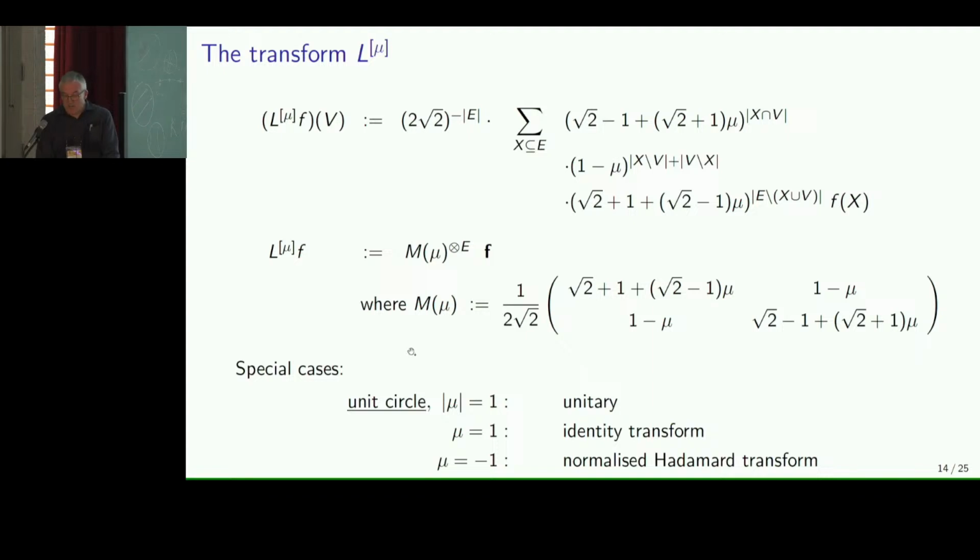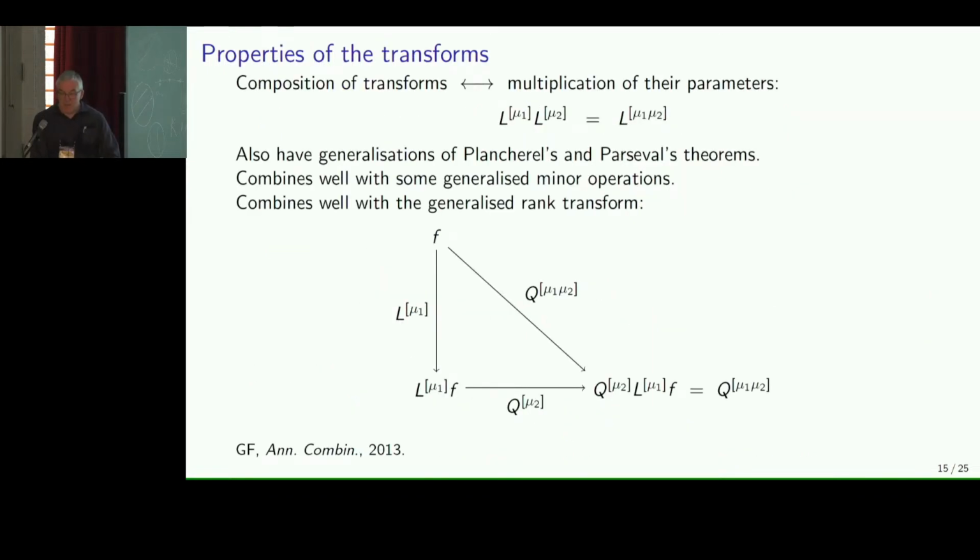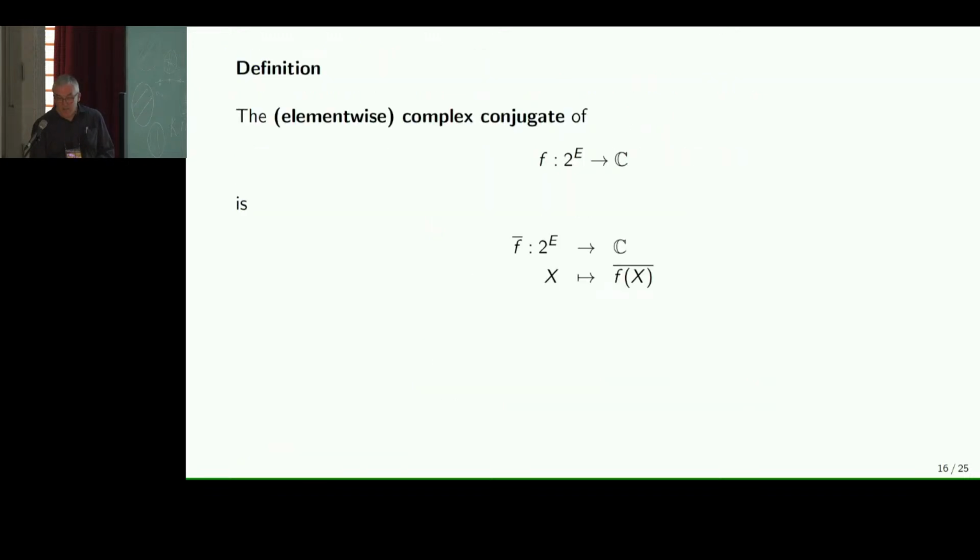Mu equals 1 is the identity, mu equals -1 is the normalized Hadamard transform. These transforms interact nicely with each other in the sense that if you compose them, that's just like multiplying their complex parameters. You get other things that you like to see in Fourier-like transforms, like Plancherel's and Parseval's theorems, and they interact well with the generalized rank transform and generalized minor operations.